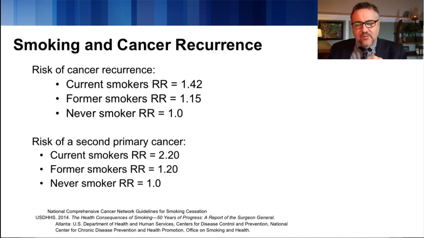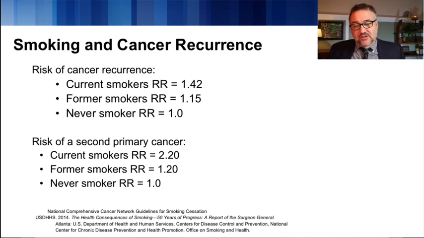One is the risk of cancer recurrence. A lot of these people are actually going to get over their cancer, and the risk of that cancer coming back is much higher if people continue smoking. It's about a 40% increase in cancer recurrence compared to non-smokers. If they quit smoking, that drops down to about 10% over a never smoker.